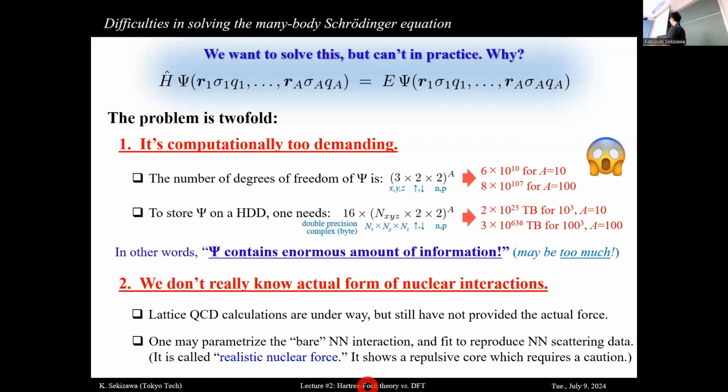That I introduced in the first lecture. And it prevents the use of naive many-body techniques with this interaction. So there are some technical difficulties in using the realistic nuclear force. But one can use some methods.